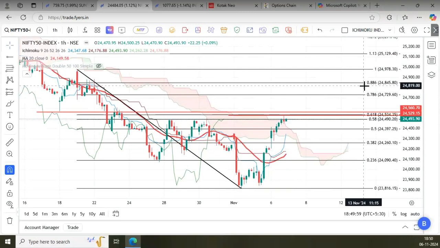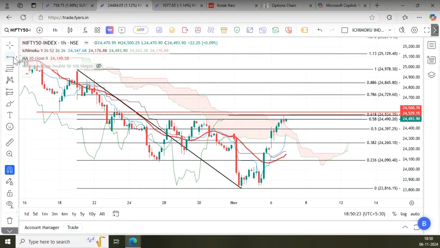So we are at a resistance zone as per the Ichimoku cloud and the Chiku span top that we have marked there, right? So we need to cross 24,561 tomorrow for further movement. If we do, then we get to a level of 24,729 and then 24,845, right?